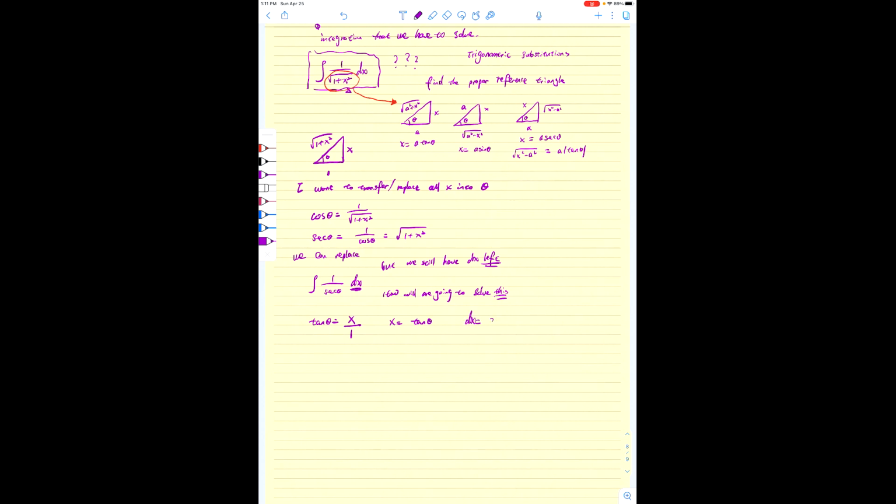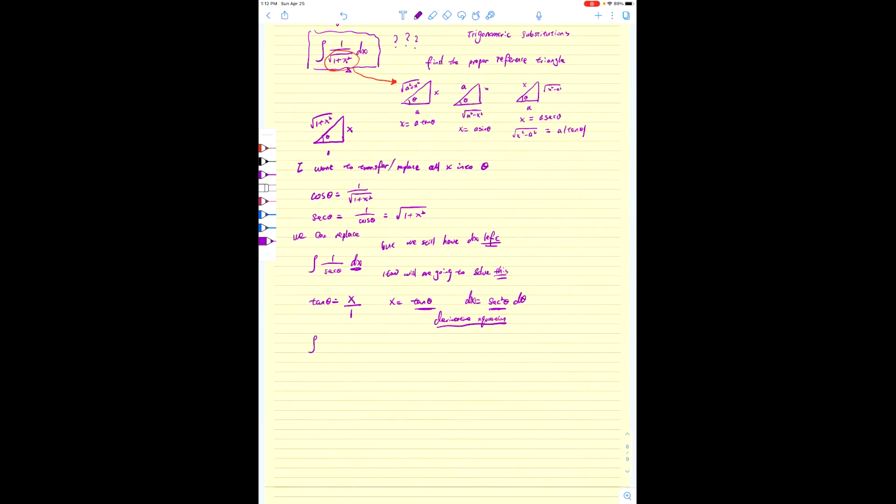Then dx is equal to sec squared theta d theta. Yeah. Then I can fully replace, which is here. Replace with sec squared theta d theta, and we finally get this d theta.